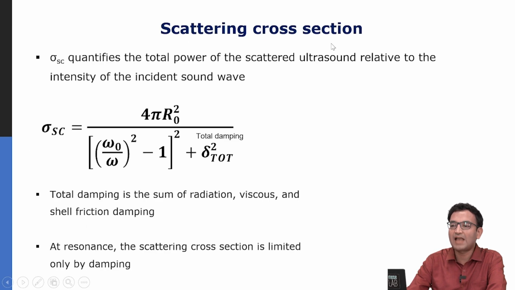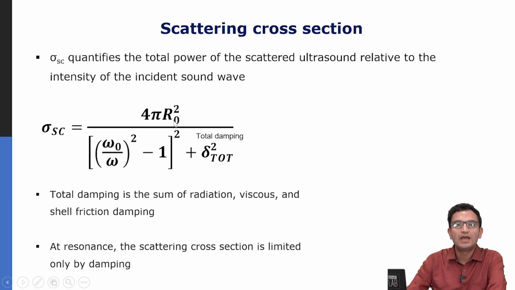Now let's discuss the scattering cross section. It is a measure of the strength of the bubble scatter. So sigma SC is the scattering cross section. It quantifies the total power of the scattered ultrasound relative to the intensity of the incident ultrasound wave. And sigma SC is given by this expression.